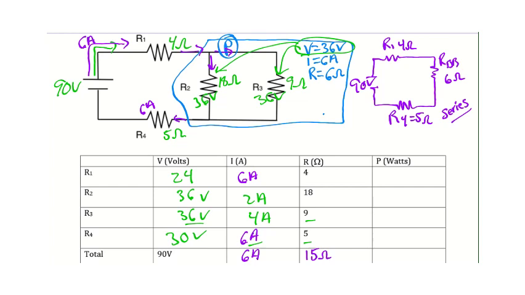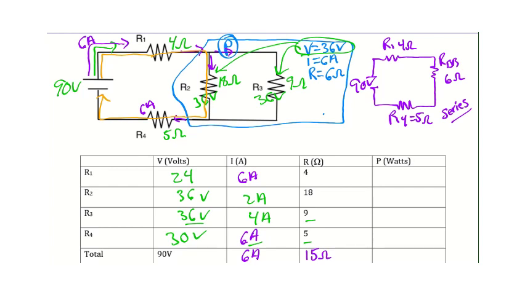Again, you can take a look now. No matter which path we pick, we should add up to 90. So if we go through resistor 1, we drop 24 volts. Resistor 2 is 36, and resistor 4 is 30. So what do we get when we add 24 plus 36 plus 30? We get 90.